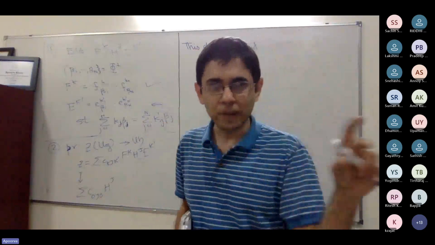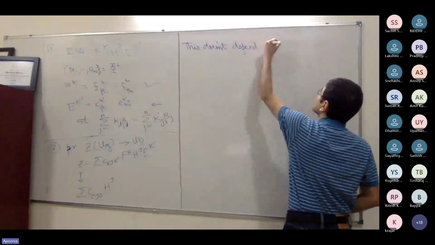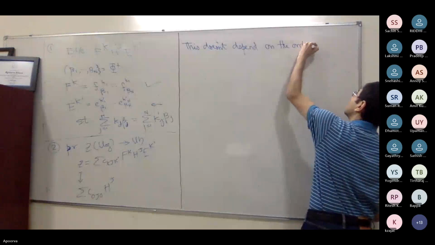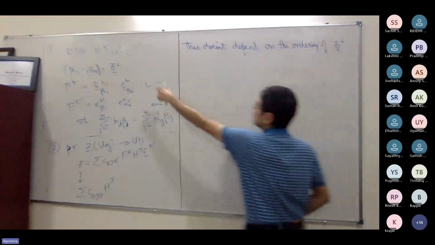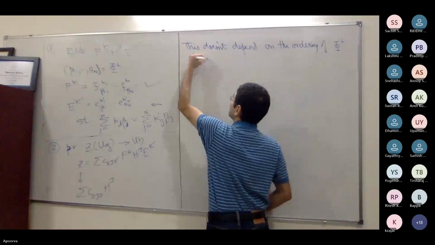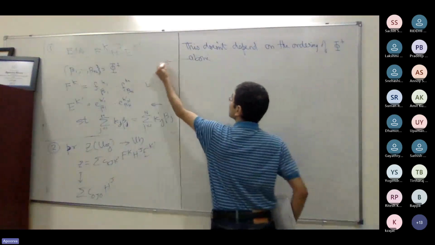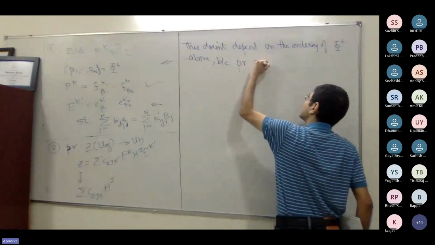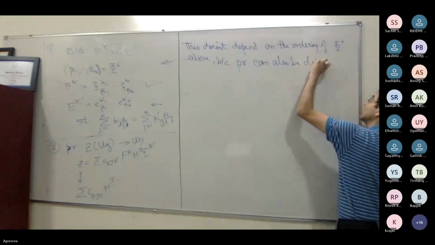At the end of that, I mentioned a remark, which is what I'm writing now. This doesn't depend on the choice of ordering of the positive roots, because the projection can also be defined as follows.